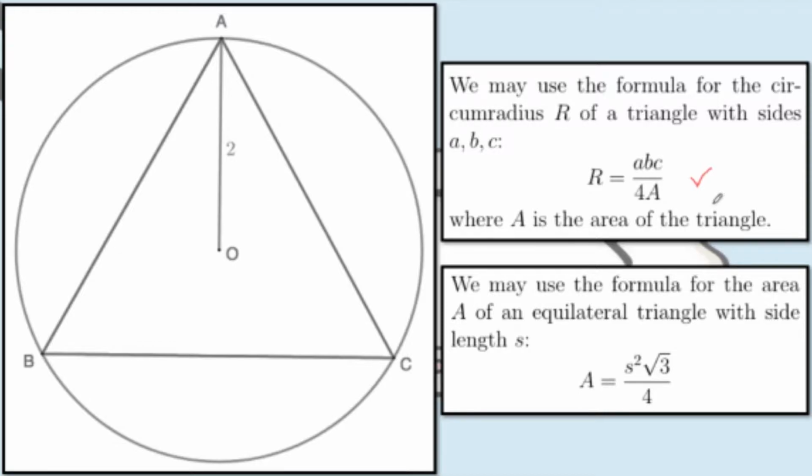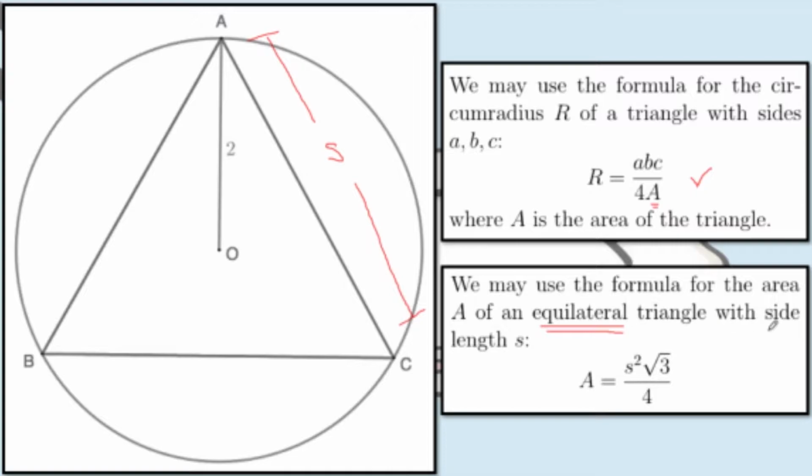Now in this case, we have an equilateral triangle, so we'll be able to get the sides easily. If we let one side be s, then abc would simply be s times s times s, which is equal to s cubed. So our only problem now is the area. Apart from this formula, I'm going to introduce the second formula. We may use the formula for the area A of an equilateral triangle.